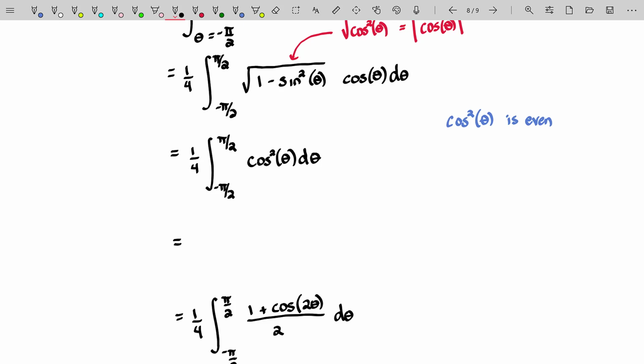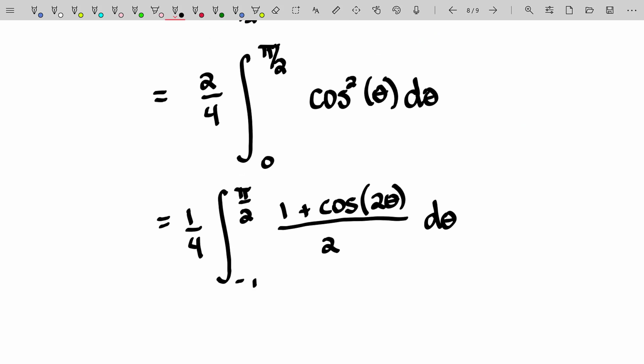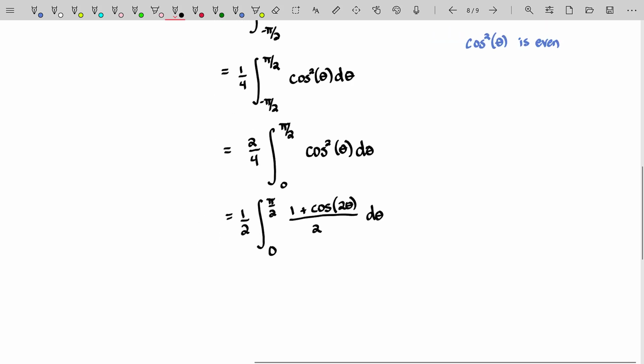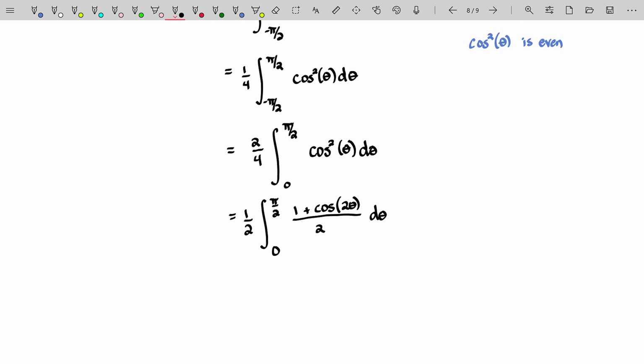It's going to be twice the integral from 0 to pi over 2 of cosine squared. And to be honest with you, whenever I can get one of my limits to be 0, I rejoice. That is a good tactic. So I'll go ahead and make that modification down here as well. And 2 over 4 is just 1/2, so I'm cleaning that up right there. So I'm just letting you know, always look out for little things like that.